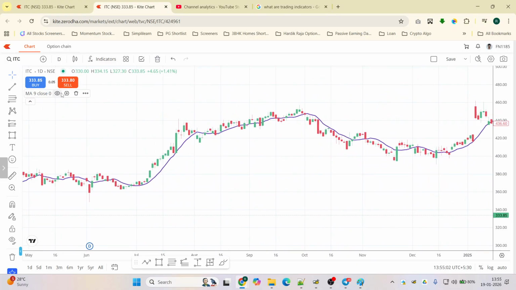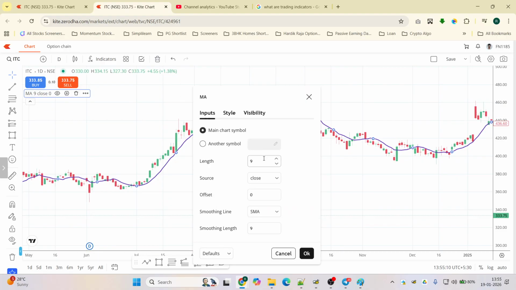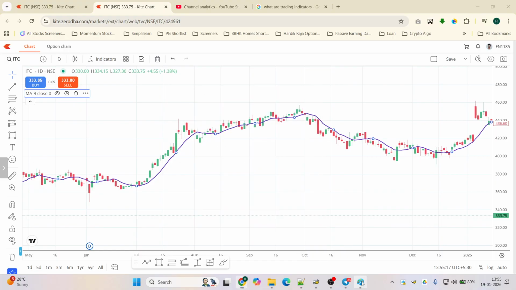Now coming to this, the number after MA indicates the length which is here. This length denotes based on how many candles the average is calculated. You remember in Paint we saw 7 days, 1, 2, 3, 4, 5, 6, 7, right?